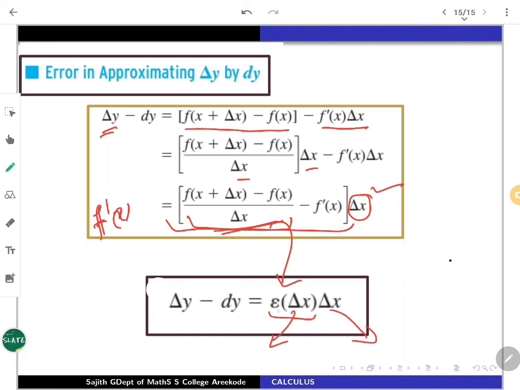Don't confuse the notation epsilon; mathematicians always use it to denote smallness. A small number multiplied by a small number is again very, very small. So this approximation is perfect. Many real-life problems are supplied in good texts, and one can visit them and experience the power of these differentials too.